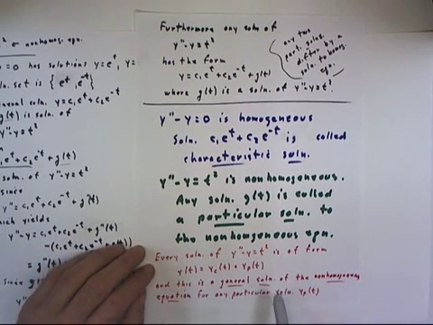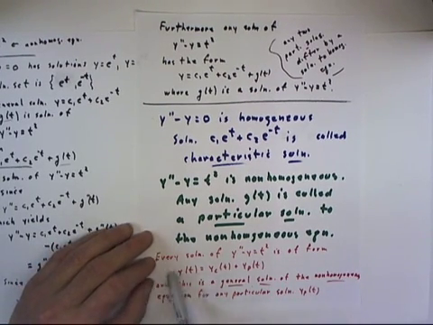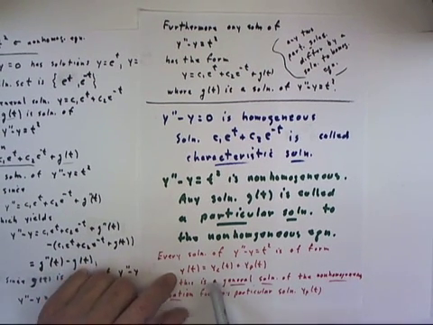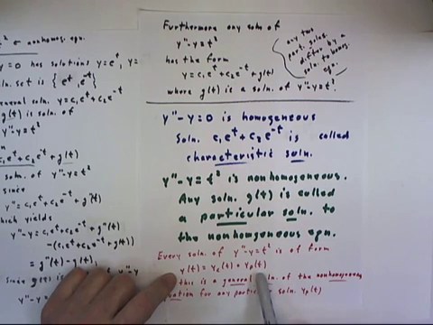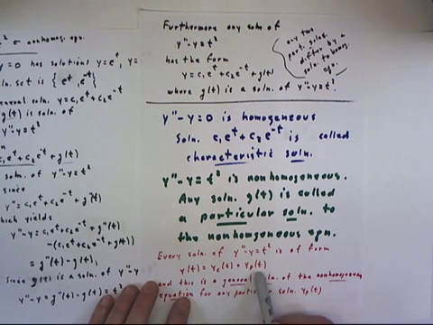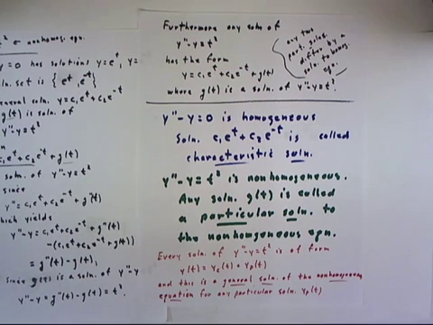And we can make the really important statement. Every solution of this equation is of the form y of t equals yc of t plus yp of t, where yc of t is the solution to the characteristic equation and yp of t is a solution to the non-homogeneous equation, a particular solution to our original equation.